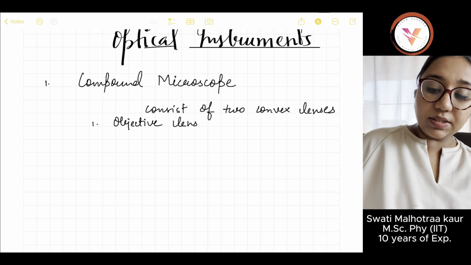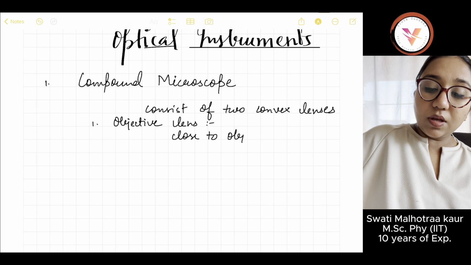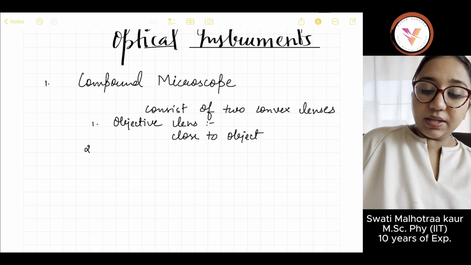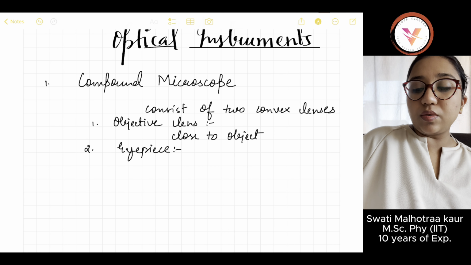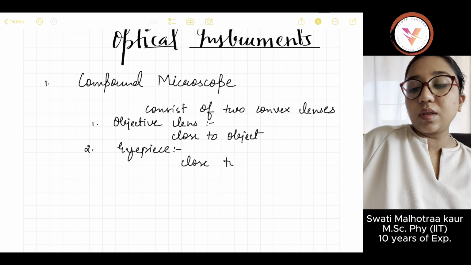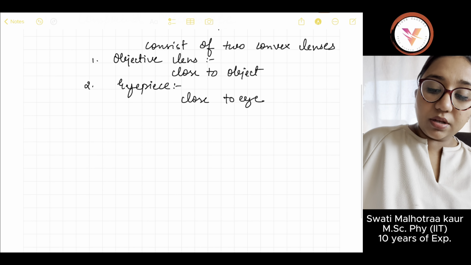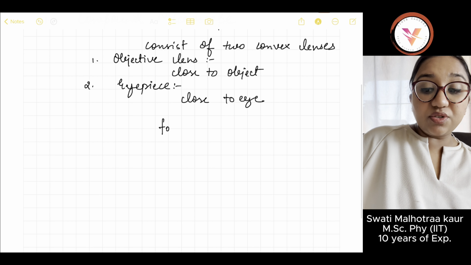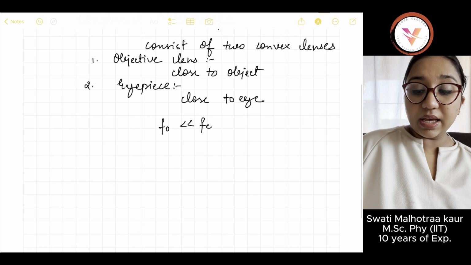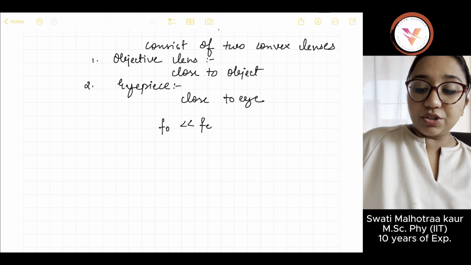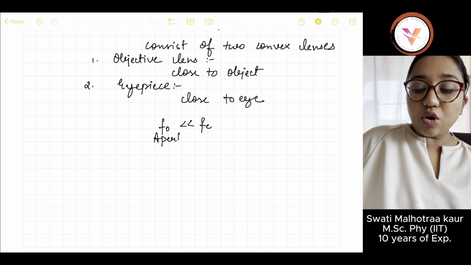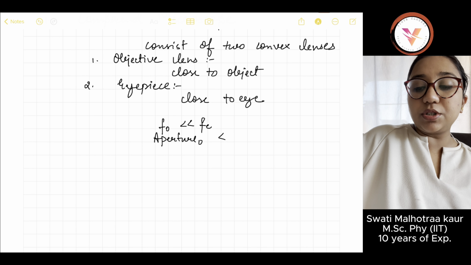So objective lens is basically close to object, and second is eyepiece, which is close to eye. Now here the focal length of objective is very less than your eyepiece, and the aperture of objective is also less than aperture of eyepiece.